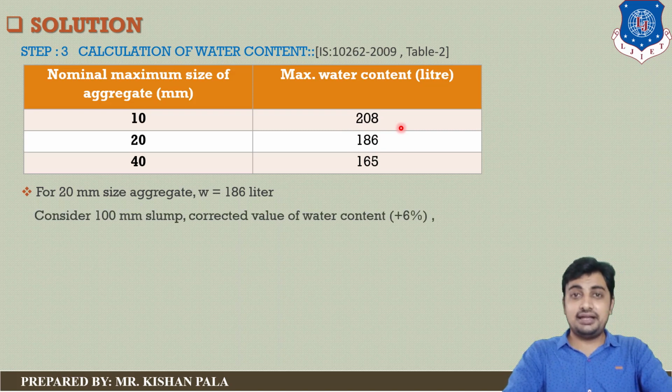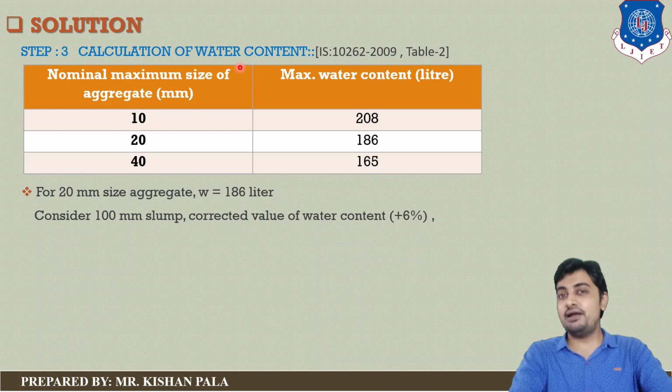In the data the slump value has not been given, so we are considering 100 mm slump. This table is for the 25 to 50 mm slump range of workability, and after 50 mm, for every 25 mm slump range we have to add 3%. It means for 50 to 75 we add 3%, and for 75 to 100 we add another 3%. So for 100 mm slump we have to add 6% of the existing value.